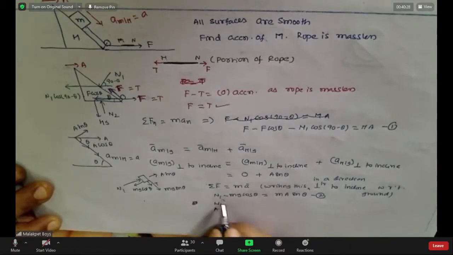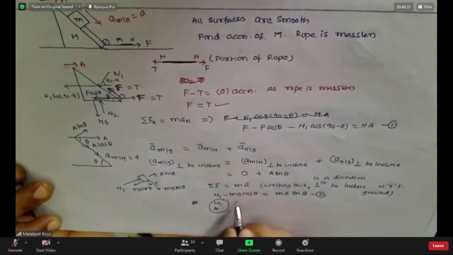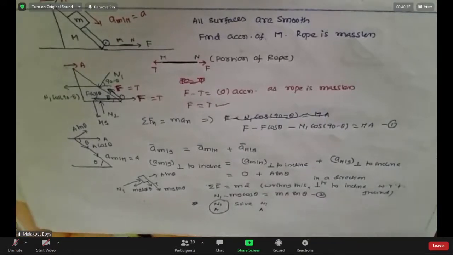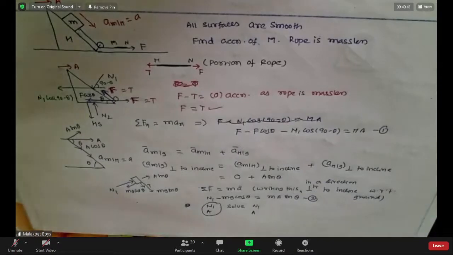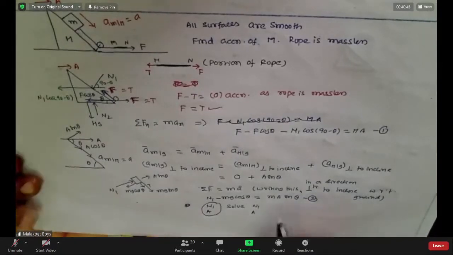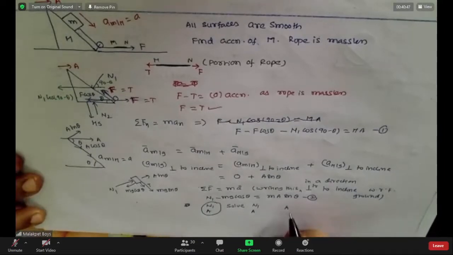A is one unknown. To get A. Understood the question? Yes, sir. See, if you observe carefully, everything in this is only based on F equals ma and resolution. That's it.